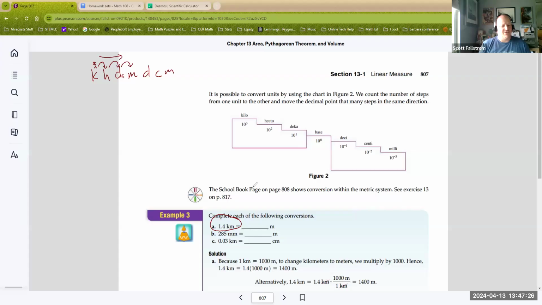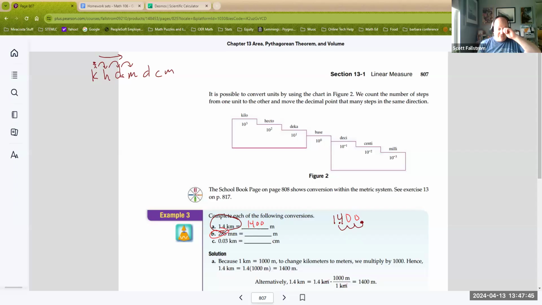Notice it was 3 steps to the right. So write down 1.4 and then move the decimal 3 places to the right. Anything that doesn't exist, put in zeros. So this would be 1,400 meters.